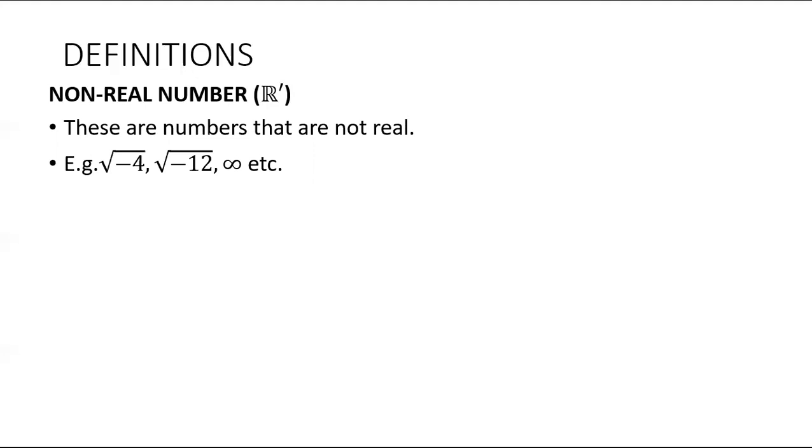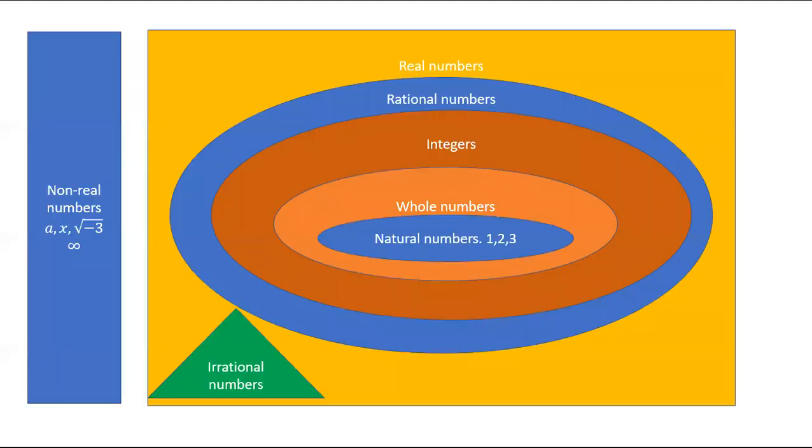That's the basic principle. Now, here is simply an abbreviation of what your number system will look like. You'll realize that non-real numbers is just outside, but it tells you that natural numbers are part of whole numbers, are part of integers, are part of rational numbers, are part of real numbers. Can real numbers be natural numbers?